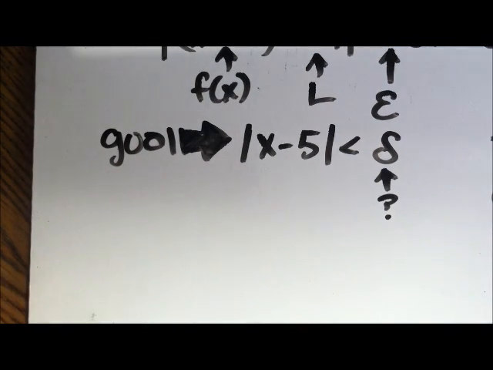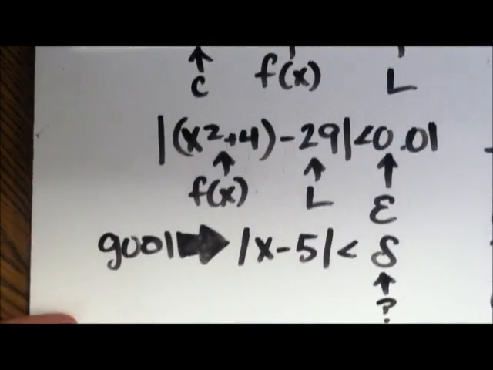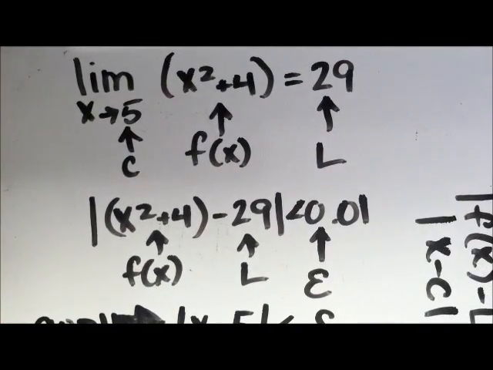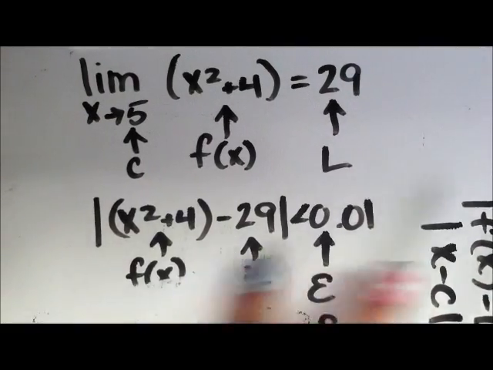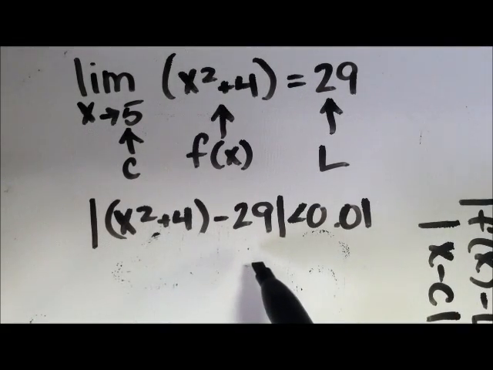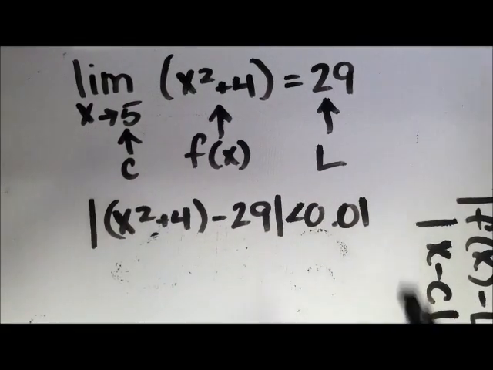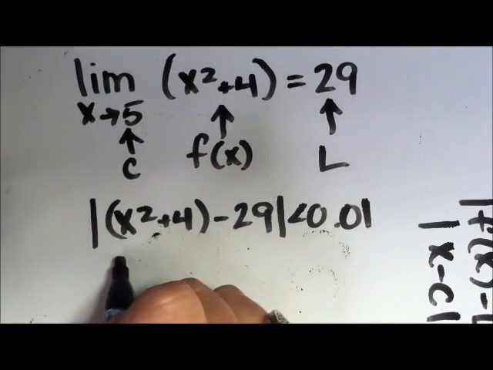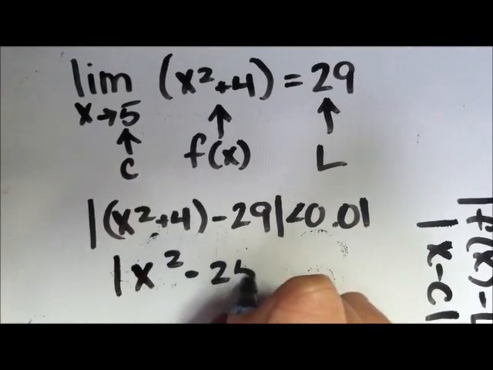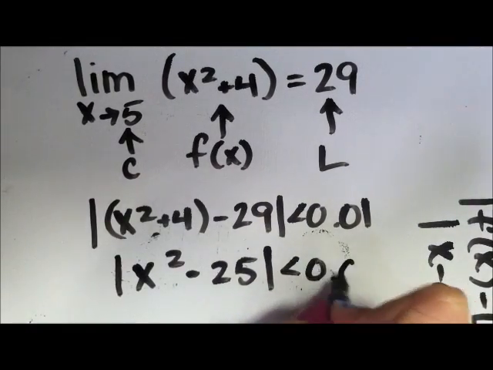So how am I going to find that? Let's go back to my initial inequality, and I'm going to erase this so I can do a little work. I want to manipulate this to get to that goal of x minus 5 being less than some number delta. The first thing I'm going to do is simplify: this is x squared minus 25, which is less than 0.01.